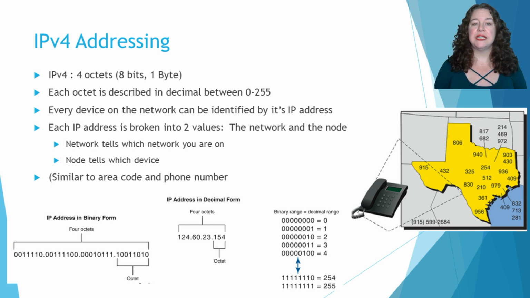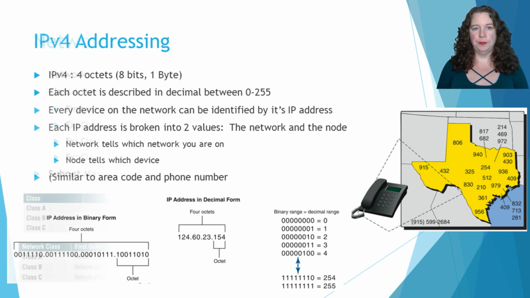So the network part is going to tell you which network, and the node is going to tell you which device. This is kind of similar to area codes. Now, in Montana, we're all 406, but in some states, they have multiple area codes. So the area code would tell you which network, and then your 7-digit phone number would tell you which phone you're actually on in that network, in that section. Same kind of concept. So when you think of your IP address, part of it is your network, part of it is your node.